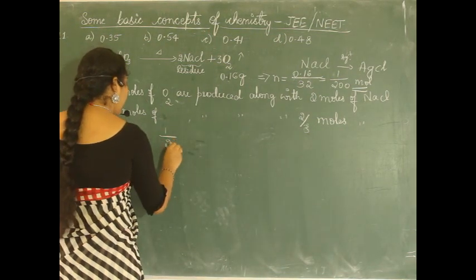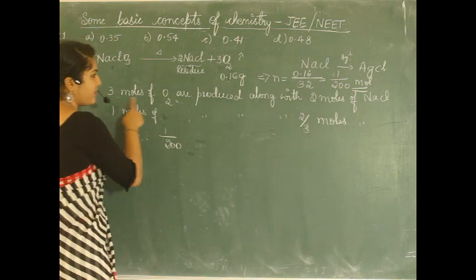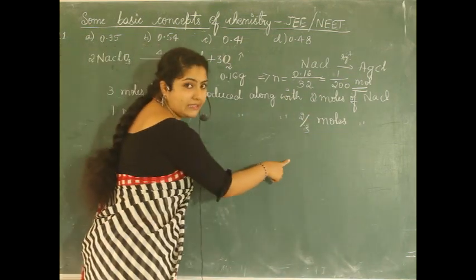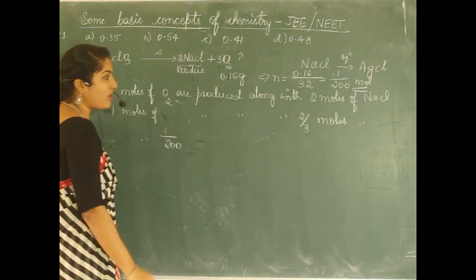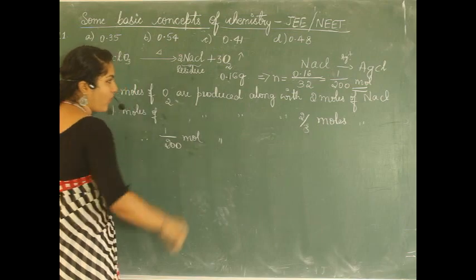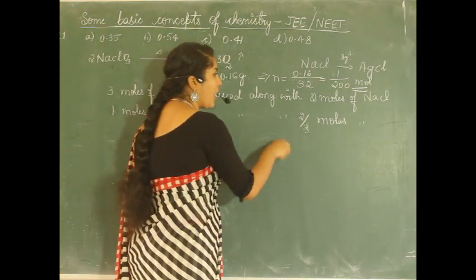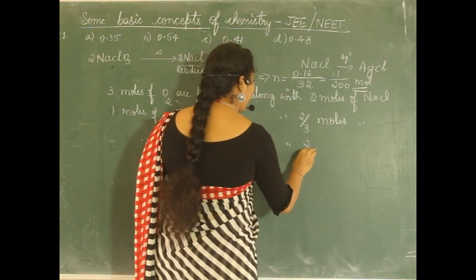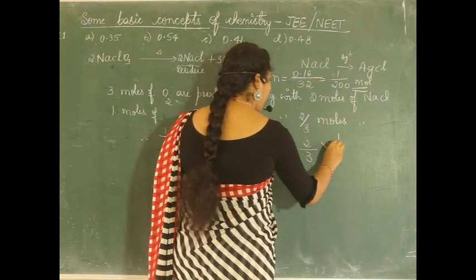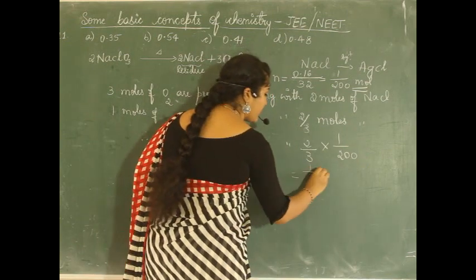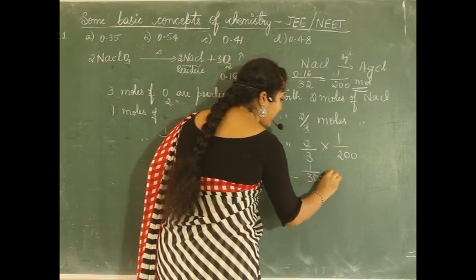Here we have 3 moles of oxygen means 2 moles of NaCl, and 1 mole means 2 by 3 moles of NaCl. Now 1 by 200 moles of oxygen means how many NaCl will be produced? 2 by 3 into 1 by 200. Am I right?